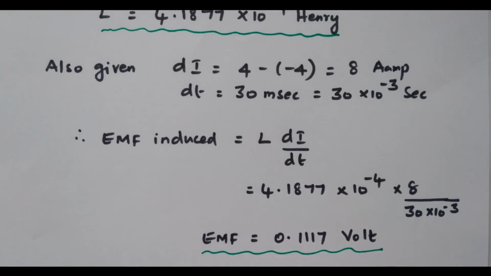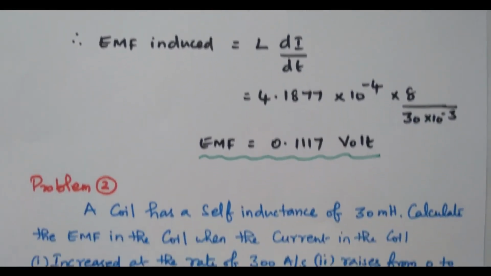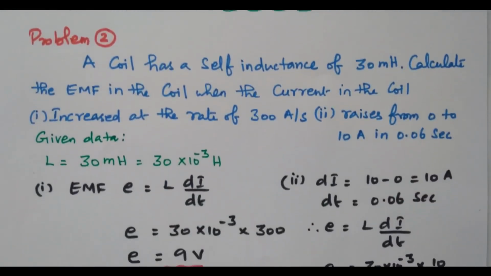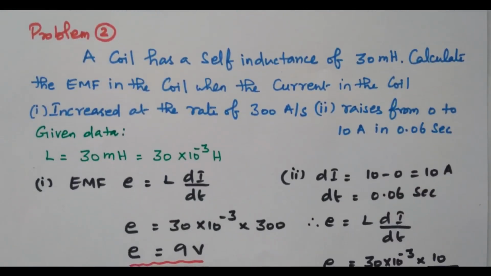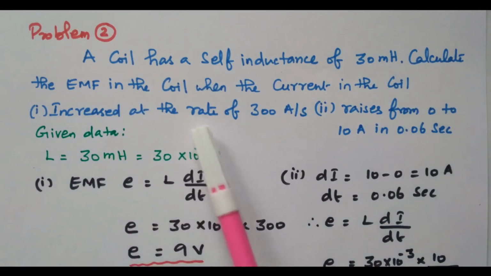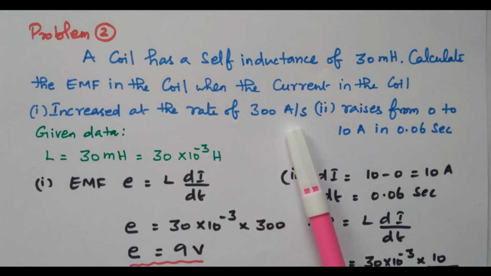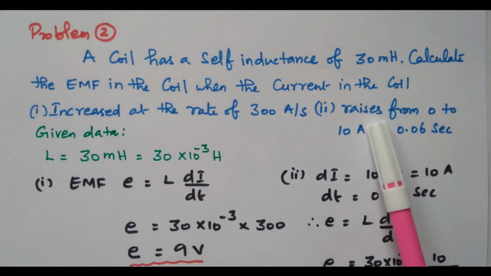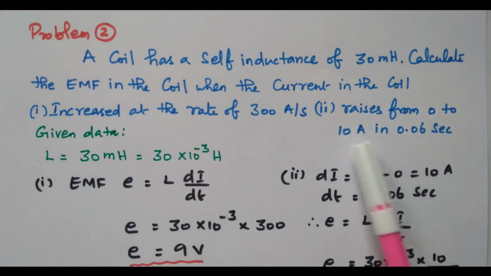Now we'll go to the second problem. A coil has a self inductance of 30 millihenry. Calculate the EMF induced in the coil when the current in the coil is increased at a rate of 300 ampere per second, raised from 0 to 10 ampere in 0.06 second.